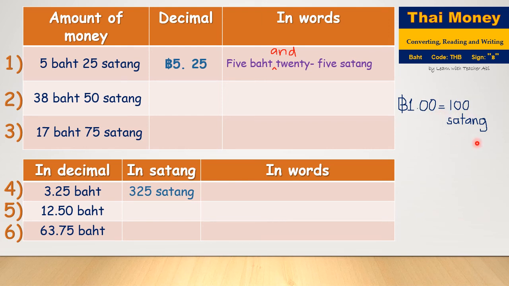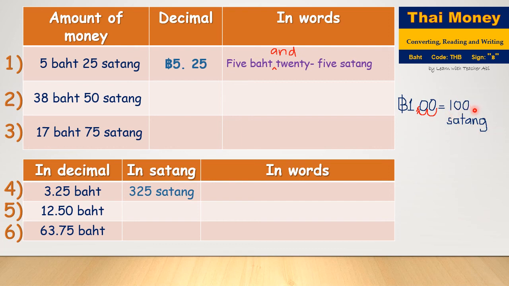So it is equal to 100 satang, because what we did was we move the decimal point 2 times to the right. 1, 2. So that's why it is equal to 100 satang.